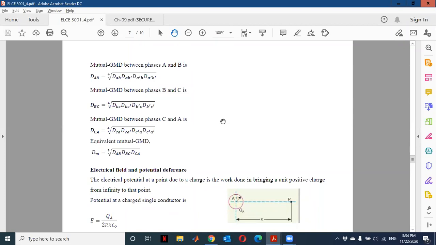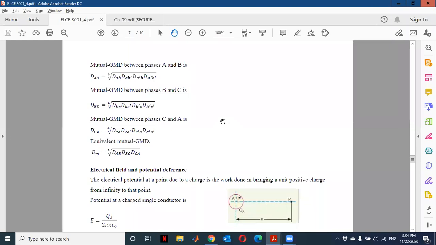For single phase two wire inductance, and for three phase symmetrical and unsymmetrical systems, you have to know how to derive the equations for calculating the inductance.